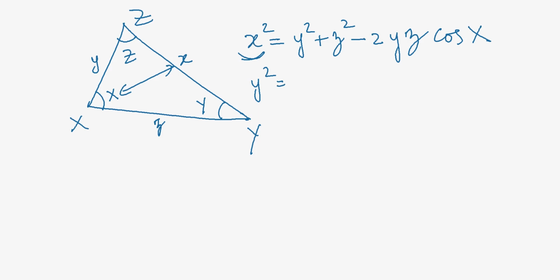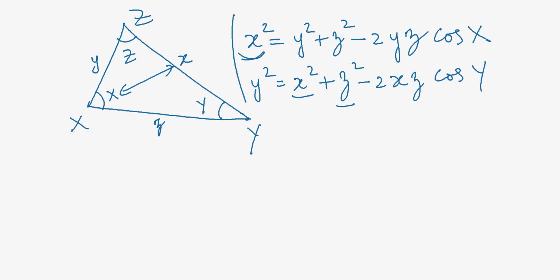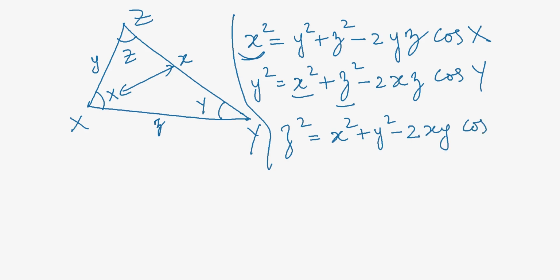So y squared will be equal to x squared plus z squared minus 2xz cosine of capital Y. And the last one, z squared is equal to x squared plus y squared minus 2xy cosine Z. Yes. Simple, right? So they call this the cosine rule.